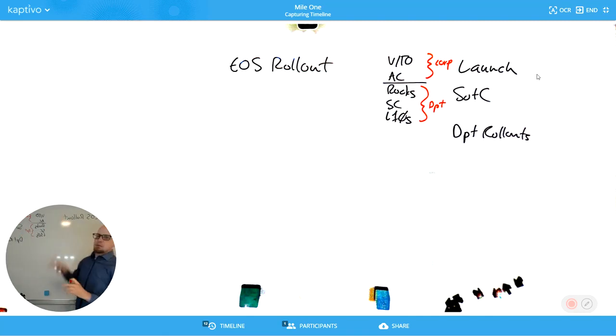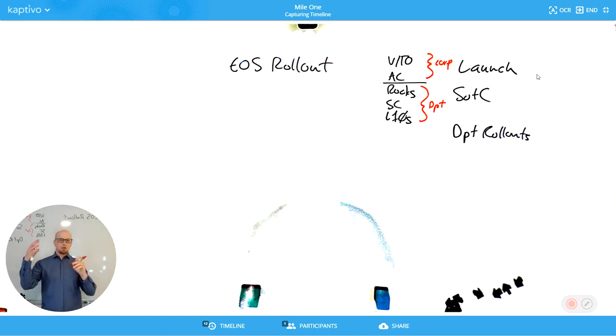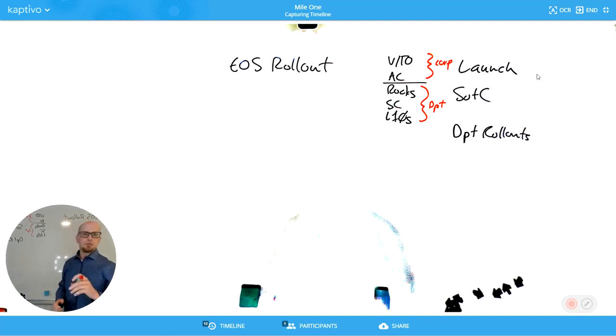Corporately means we get everybody together and everybody sees it at once. By department, for the rocks, scorecards, and Level 10s, means that each of you as leaders is going to do it with your own set of people as you see fit and as you decide makes the most sense.